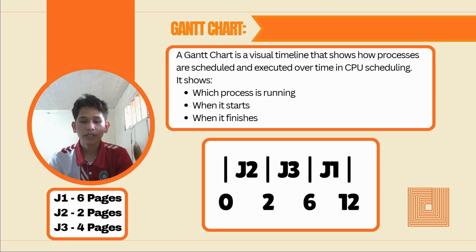As a result, J2 is printed first, followed by J3, and finally J1. This order is shown in the Gantt chart, where J2 runs from time 0 to 2, J3 from time 2 to 6, and J1 from time 6 to 12. Based on this schedule, J2 has the shortest waiting time, while J1 has the longest waiting time.